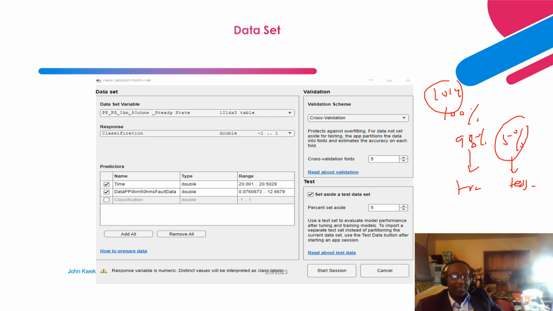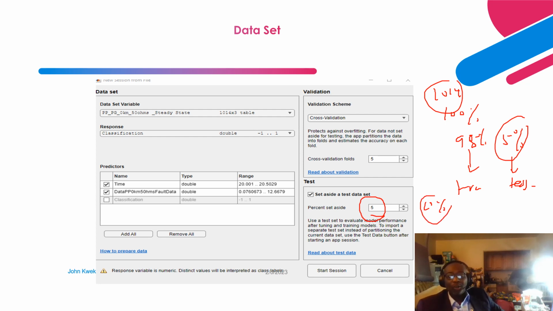So I select this box, right? So that will be able to set aside 5% of my data for me to use as testing data. You have the latitude or flexibility to change this percentage. You can take it to 10%, whatever. It's all based on the amount of data, right?